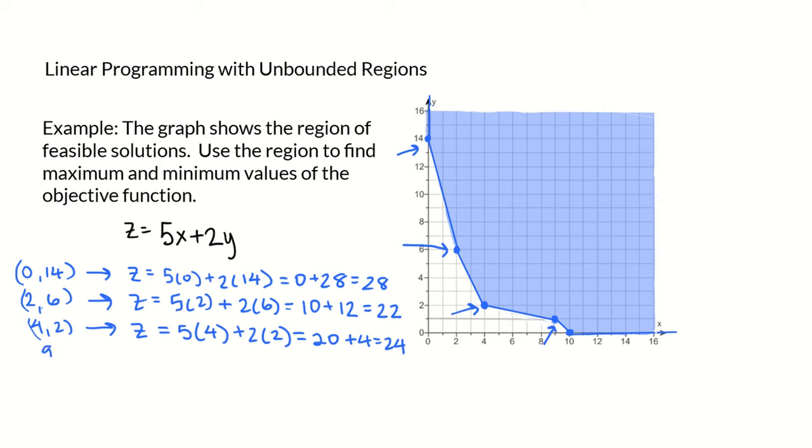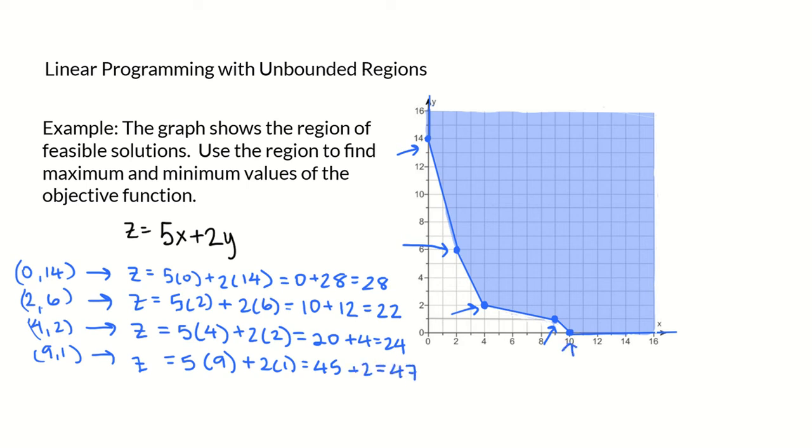We test this point, which is (9, 1), which gives z equals 5 times 9 plus 2 times 1, which is 45 plus 2, which is 47.